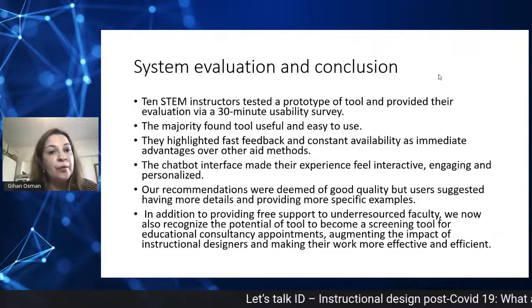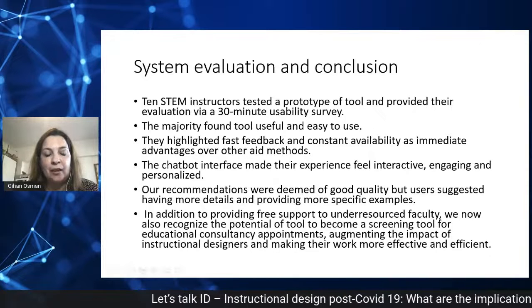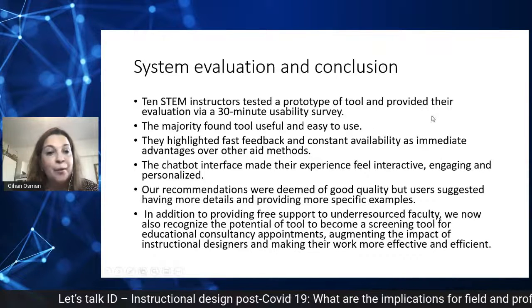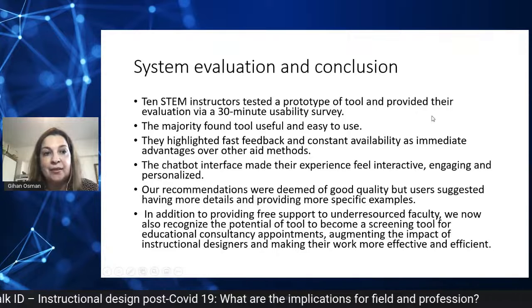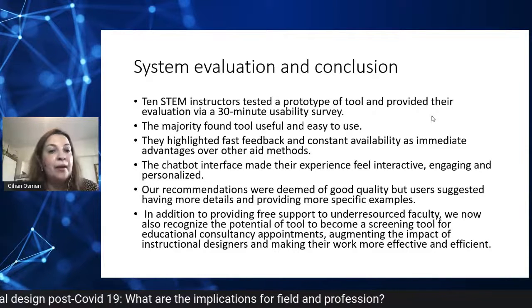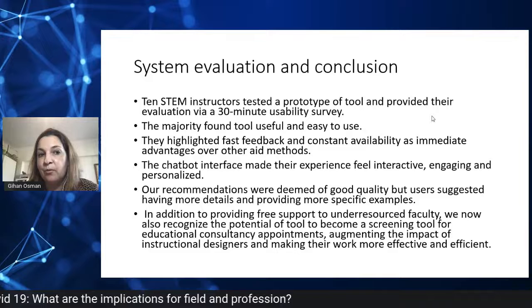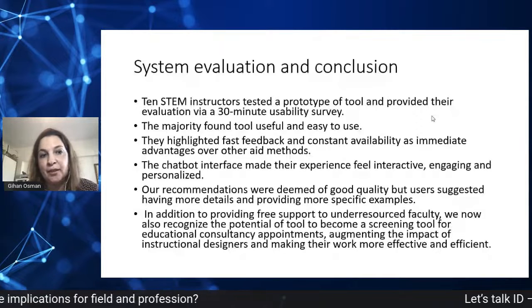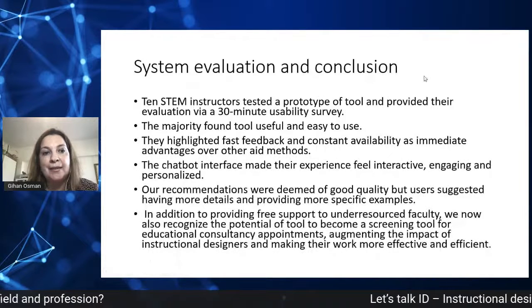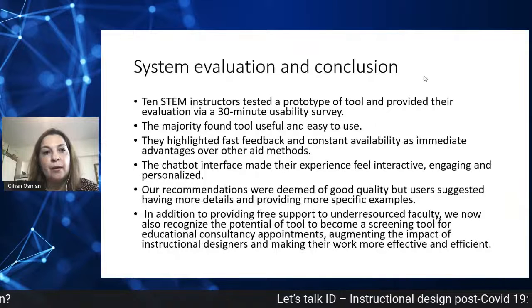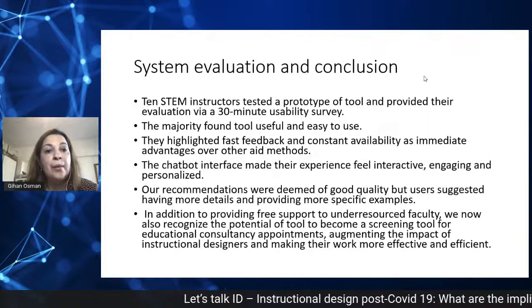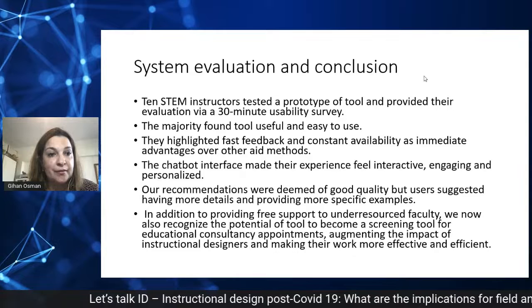So that was another very interesting experiment that we did. That again led us to think about what it is about that partnership between the instructional designer and faculty member that is important for effective design.